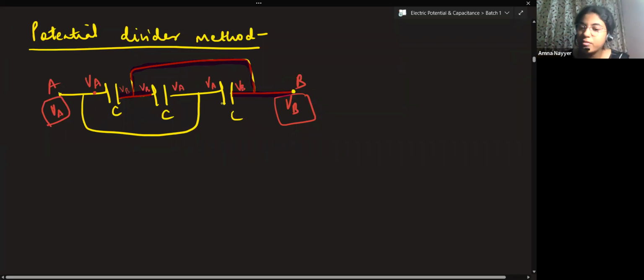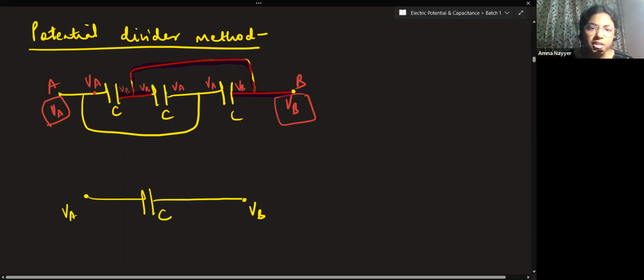Now, whatever potentials you are getting, just write the points VA and VB. Let's say this is VA and this point is VB. Connect them. First, between VA and VB, we are getting this capacitor. Write it as C. Again, between VA and VB, we are getting this capacitor.